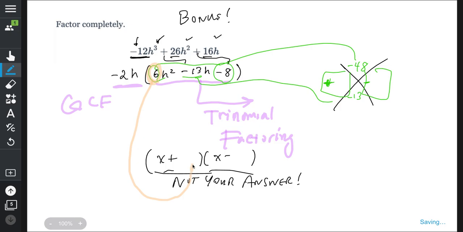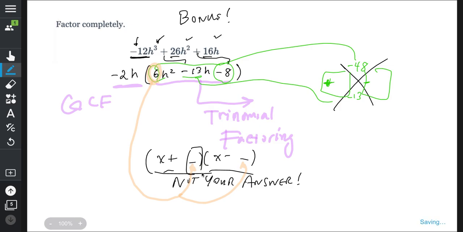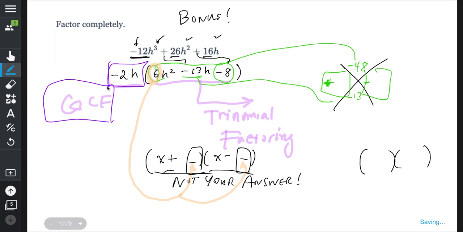And you're going to bring that 6 under this number and under this number, and kind of make a fraction out of it. Okay, and then you're going to continue. And then you will have the 2 correct binomials. But don't forget in your answer, don't forget your GCF. And this is your GCF. So when you put in your answer, don't leave this out. Okay? Once you do trinomial factoring and figure this out and figure this out, put this into Delta Math, including your GCF.